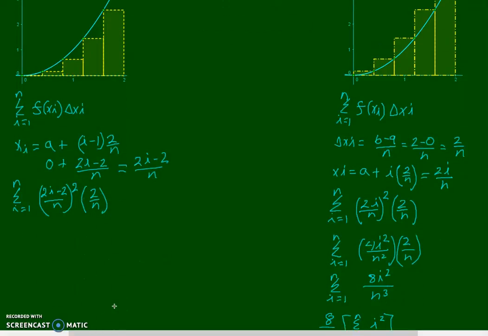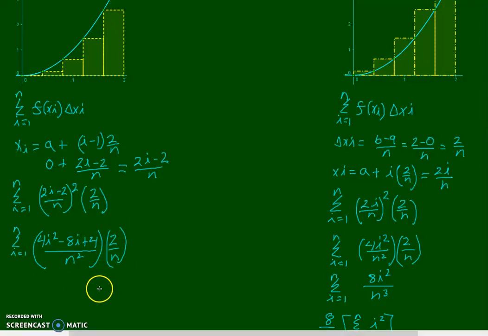So now we've got some simplification to do here. We have the sum of i equals 1 to n of, this is going to be 4i squared minus this times 2, 8i, and this squared, all over n squared times 2 over n.